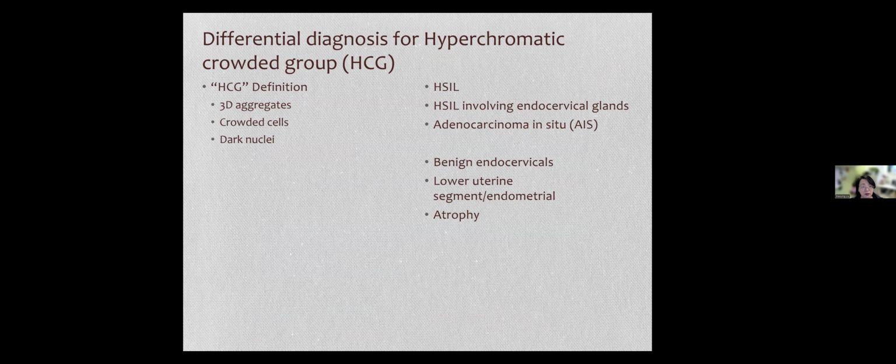For the differential diagnosis, whenever you see a hyperchromatic group, keep those in mind. It can be HSIL with an HCG pattern, or high grade HSIL involving the cervical gland, or AIS, or benign counterparts: benign cervical cells, lower uterine segment, or atrophy.